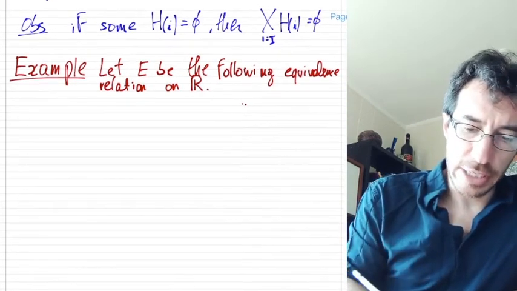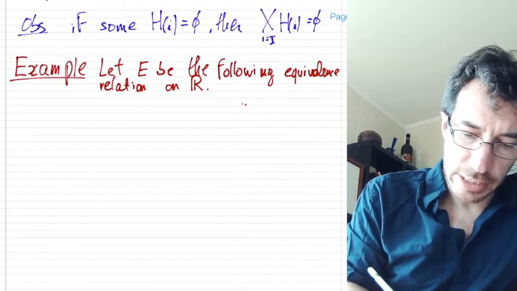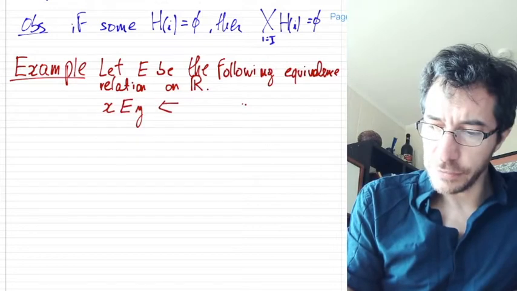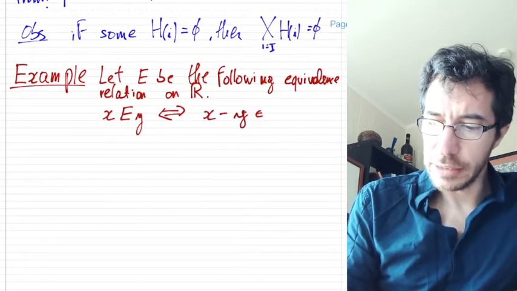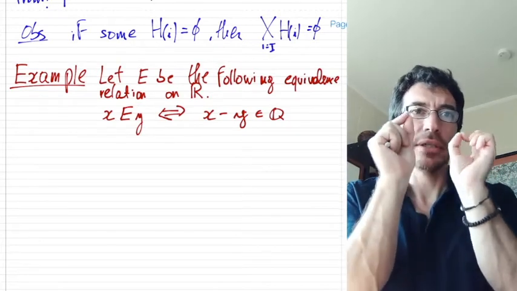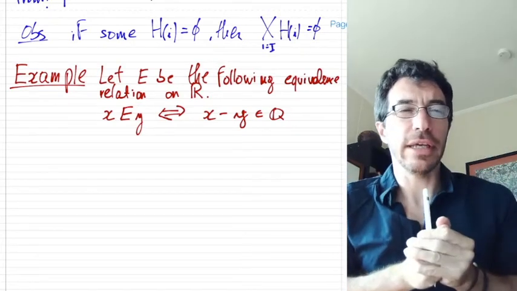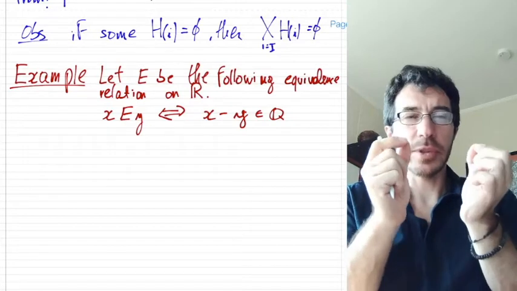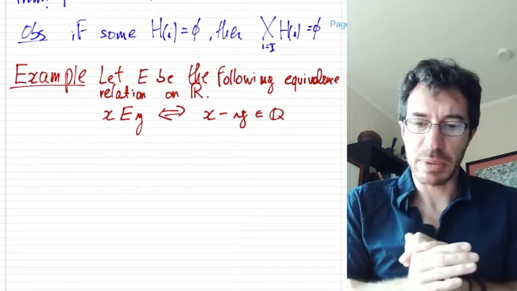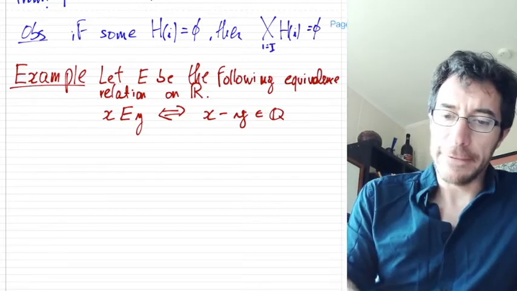And the relation is the following. We say that x is related to y if and only if x minus y is a rational number. So two real numbers are equivalent if and only if the difference between them is a rational number.